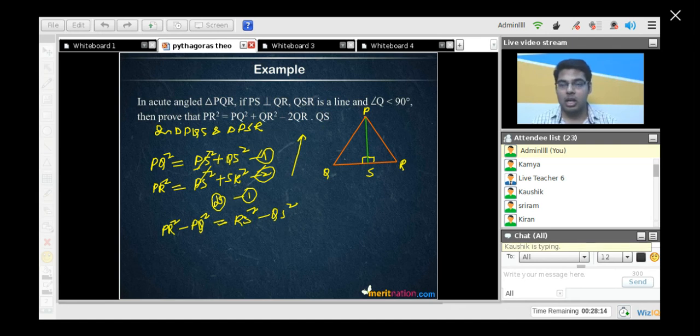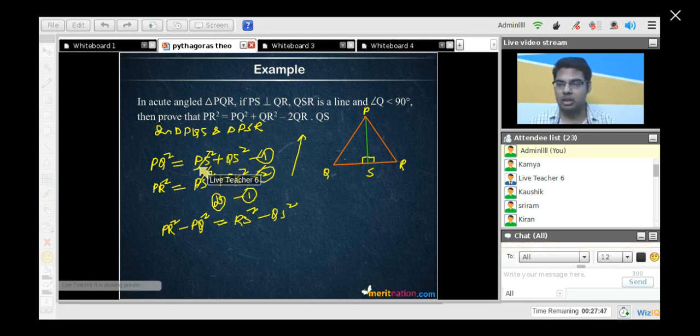Okay, Kiran. How can you know whether we have to add or subtract? Try to understand, what do you need? Do you want to have more and more number of terms or less and less number of terms? Less number of terms, so we want to eliminate some of the terms. If you subtract, PS square and PS square will get eliminated, that is, this will get reduced.